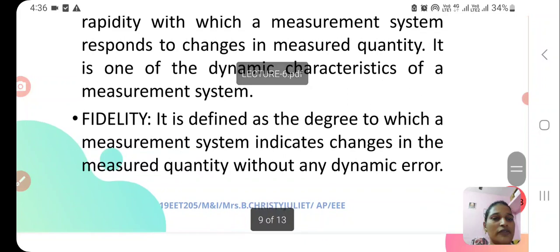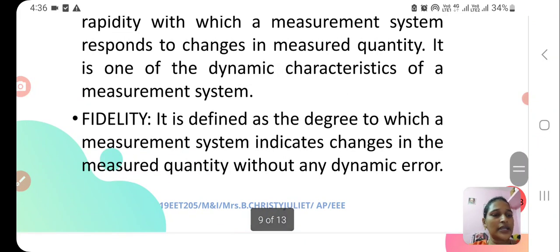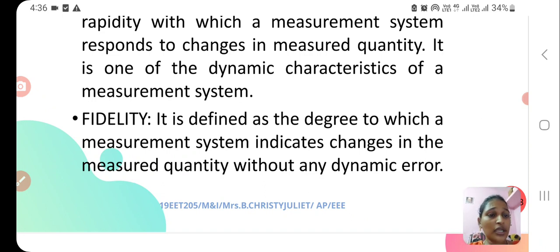Let's see what is meant by fidelity. It is defined as the degree to which a measurement system indicates the changes in measured quantity without any dynamic error. So whatever changes in the input should be replicated in the output exactly the same.